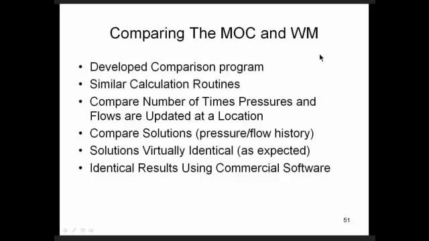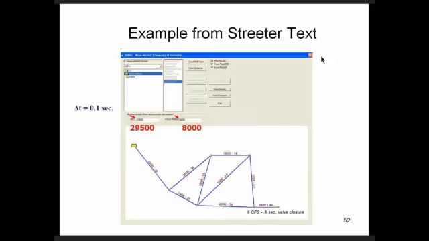More recently, we've compared some software. Dr. Carney had some software that's fairly widely used based on the method of characteristics. So we went in and started comparing some of these. This first problem was in a text by Streeter and Wylie, which has often been regarded as the classic waterhammer textbook.